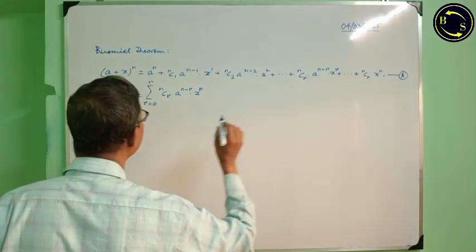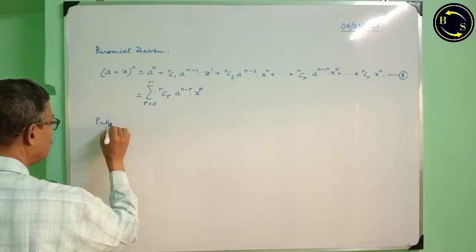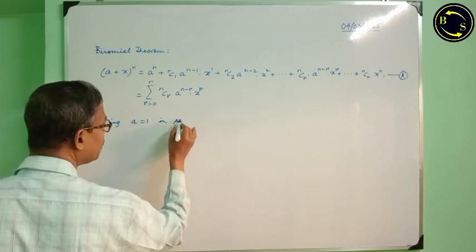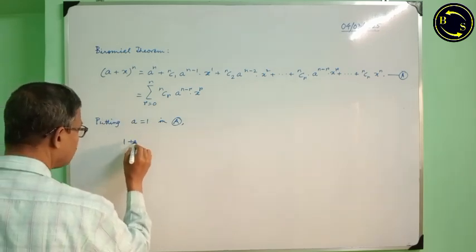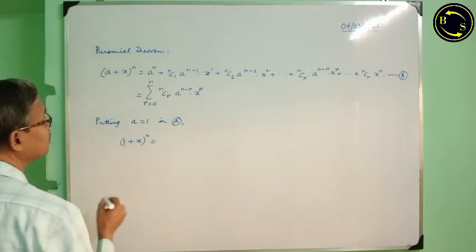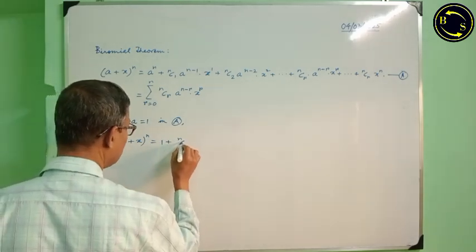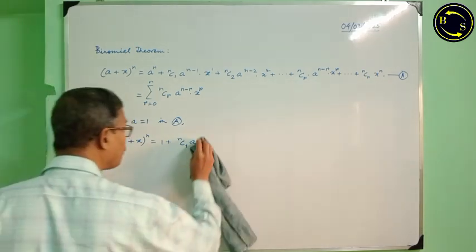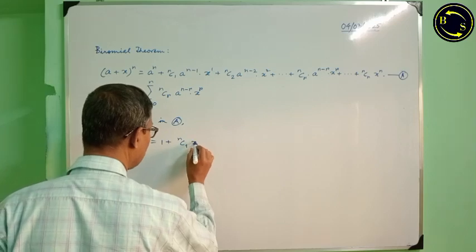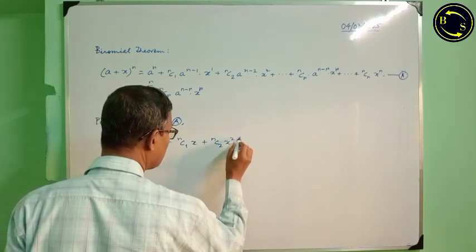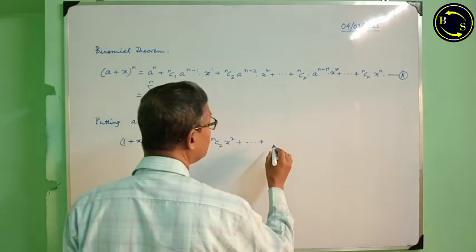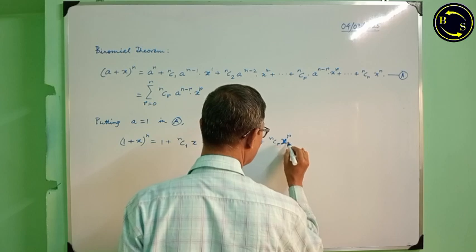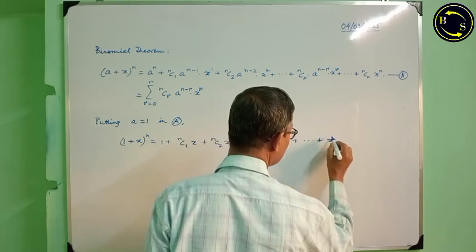I have called this relation A. Putting a equal to 1 in A, the left hand side becomes (1 plus x) whole to the power n, that is equal to 1 plus nC1 x (a is 1, that is why) plus nC2 x square plus ... nCr x to the power r plus ... x to the power n.